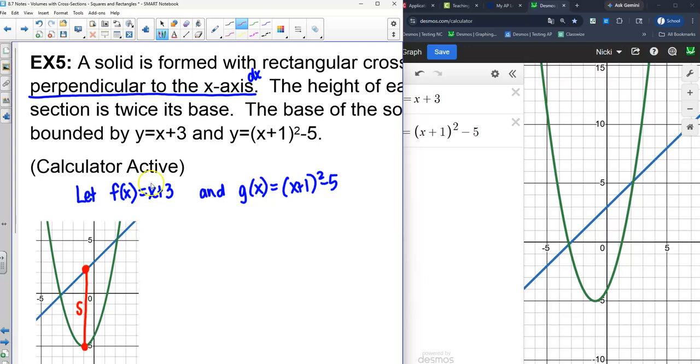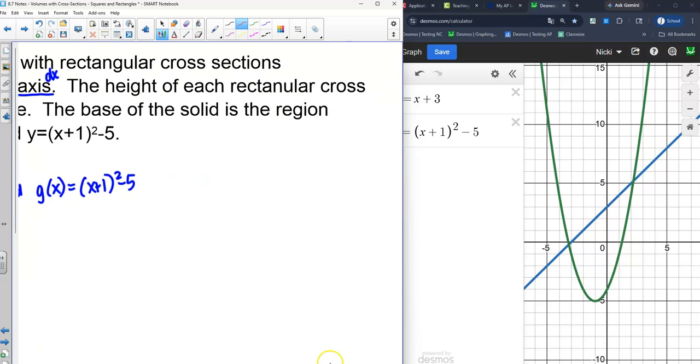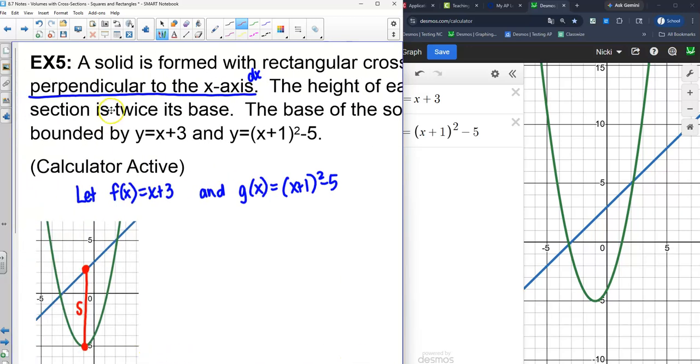And then we have rectangular cross sections, but you have to read about this rectangular cross section to see what the height of the rectangle is. On the other rectangle problem, our height was 3. But here it says the height of each rectangular cross section is twice its base. So the base is this S, right?